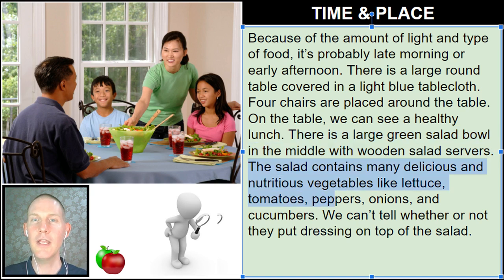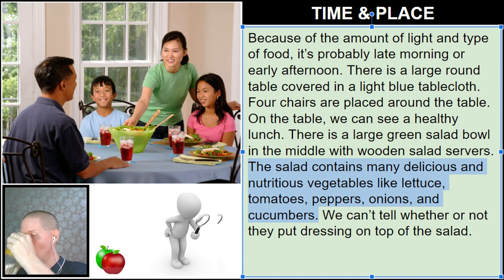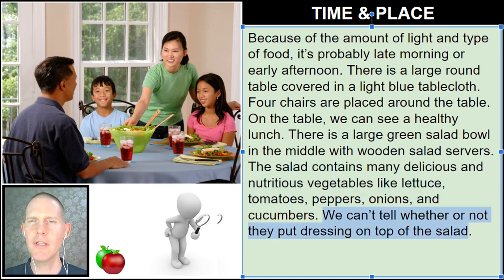The salad contains many delicious and nutritious vegetables like lettuce, tomatoes, peppers, onions, and cucumbers. We can't tell whether or not they put dressing on top of the salad. And we can't tell because we're not close enough, right?